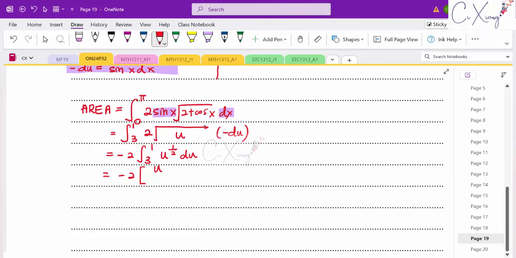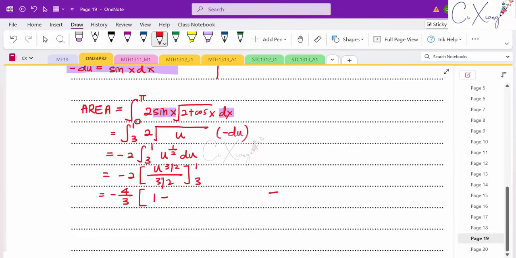For integration, power plus 1 becomes 3 over 2, divided by the new power 3 over 2. Then substitute the limits 1 and 3. I prefer to take out all the constants when I simplify everything, so it will become negative 4 over 3. Substitute 1 into u, I have 1. Substitute 3 into u, I have square root 3 cubed.